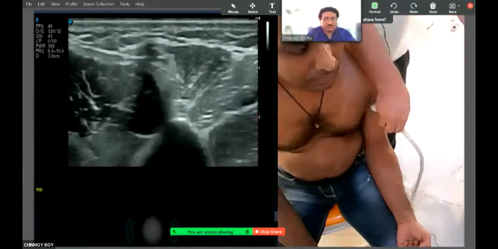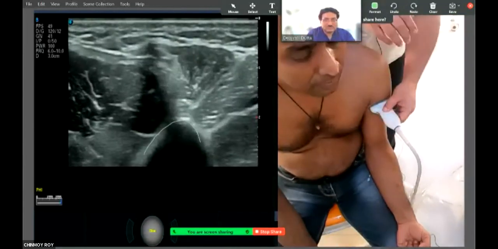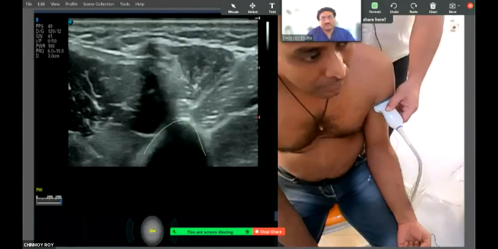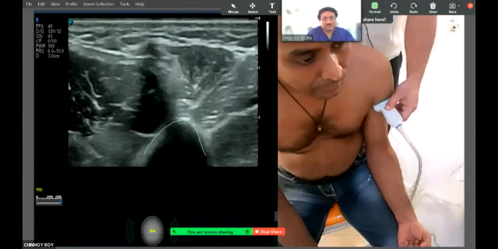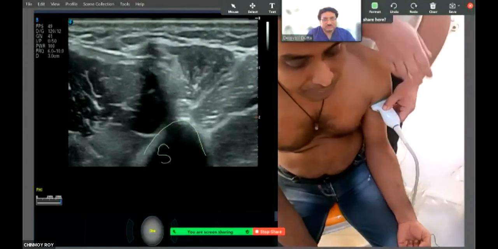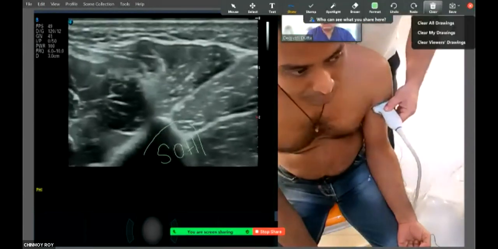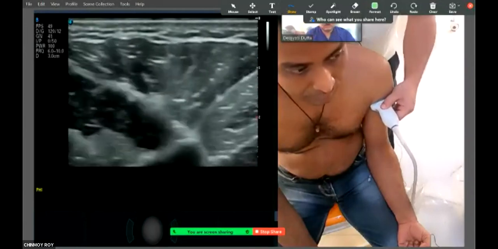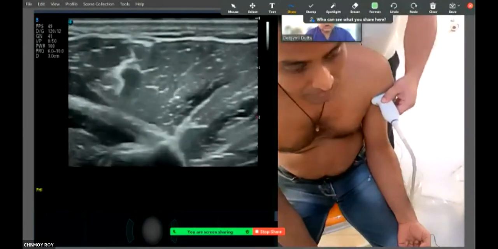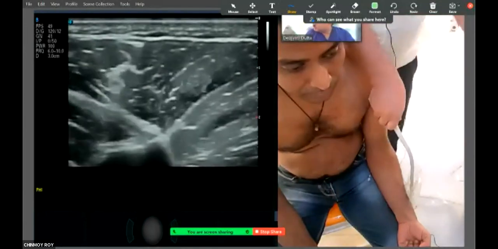Let me tell you about the bony shadow. So what is this bony shadow? This bony shadow is nothing but the humerus. Okay, so first we can see that this is the humerus. Now I'm gradually coming up. A bit of depth increase.